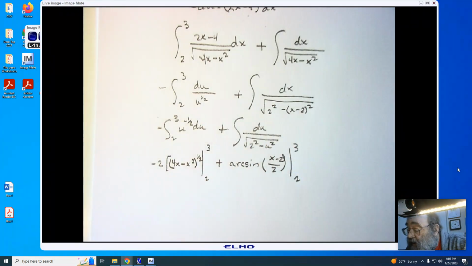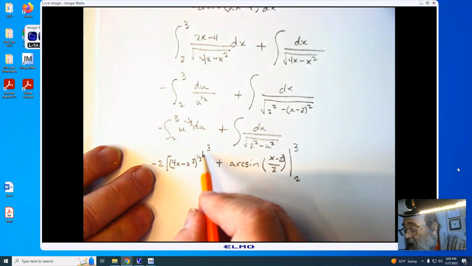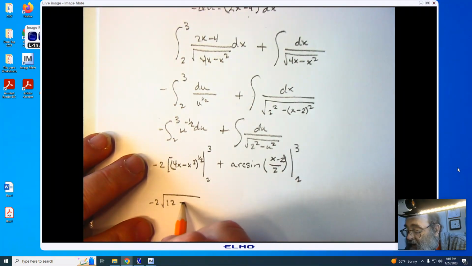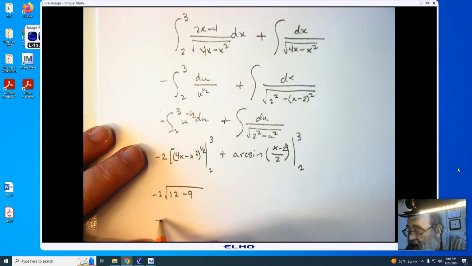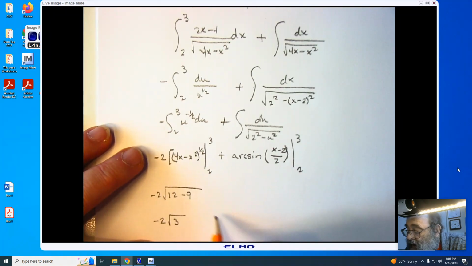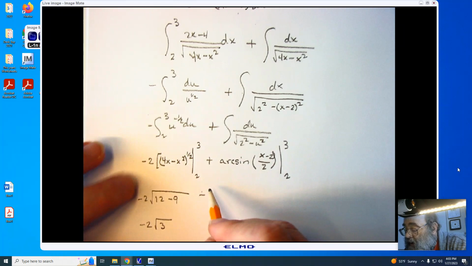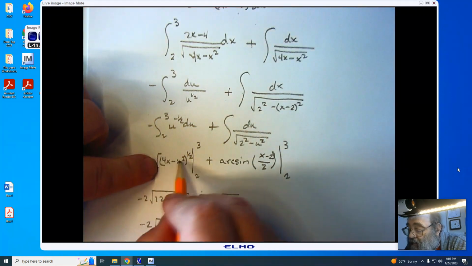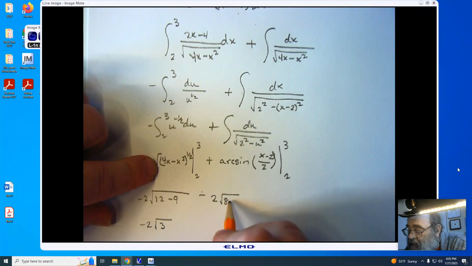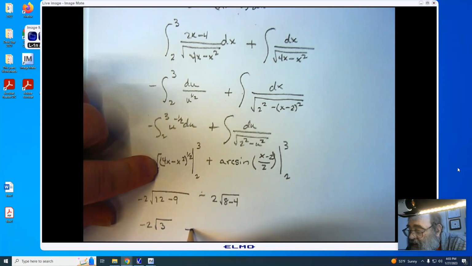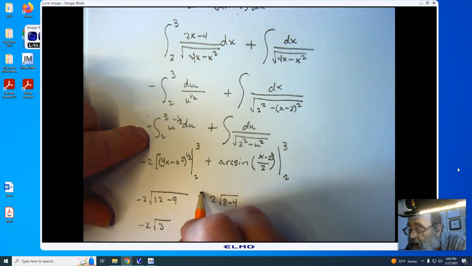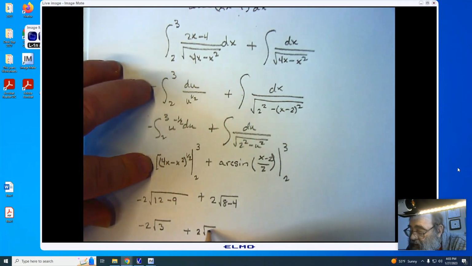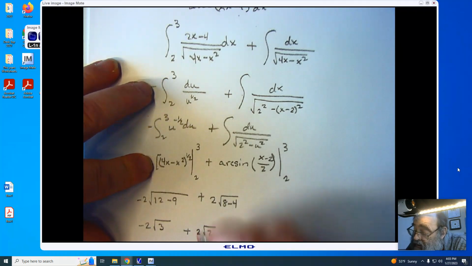So this is what we're working with. We're going to start with the 3, and I'm looking at negative 2 times the square root of 12 minus 9. This is giving me negative 2 times the square root of 3 minus, now I'm going to do this again, 2 square root of 8 minus 4, minus, notice the double negative from the subtraction, so we now have a plus, 2 root 4, which is 2 times 2.